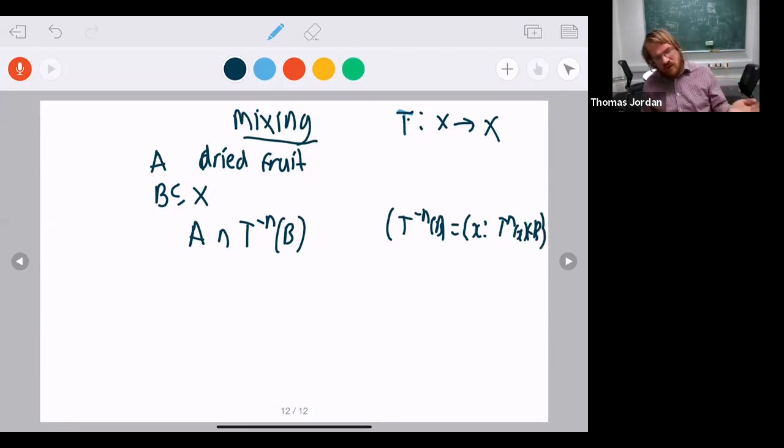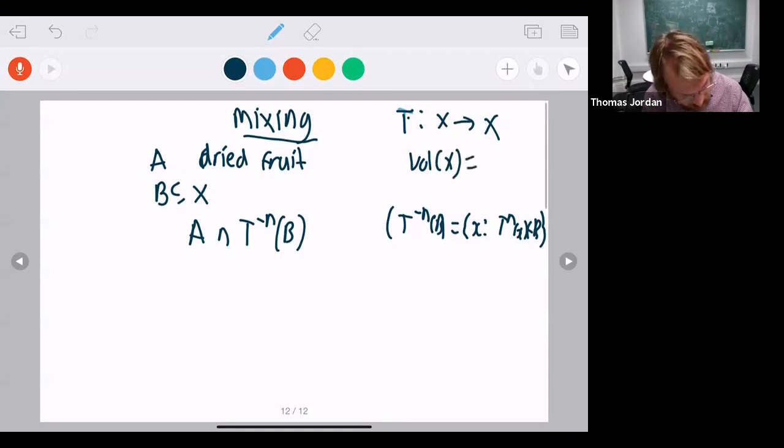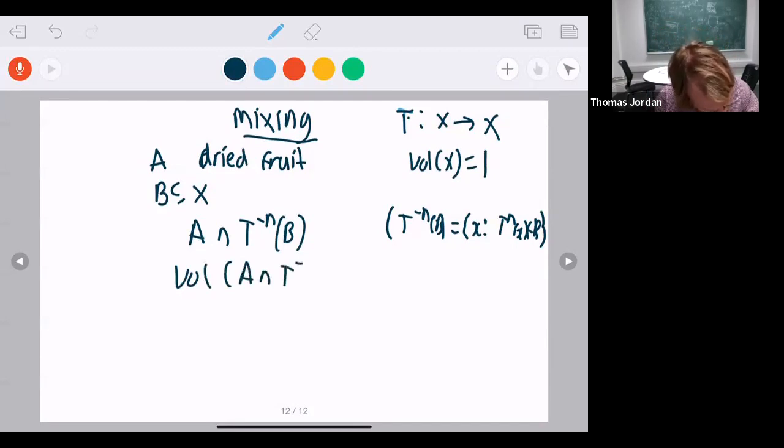Okay, and we want these to be evenly distributed. So let's think of volume, and suppose the volume of X is equal to 1. Then we want the volume of A intersected with T to the minus n of B. So we want the amount of fruit in the set B to be based on the proportion of dried fruit to start with.